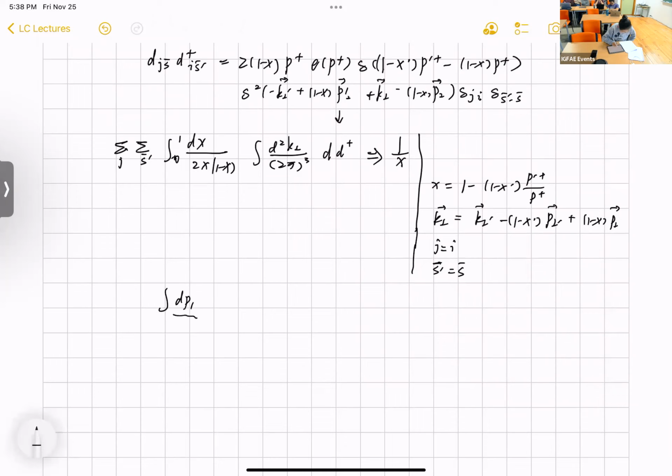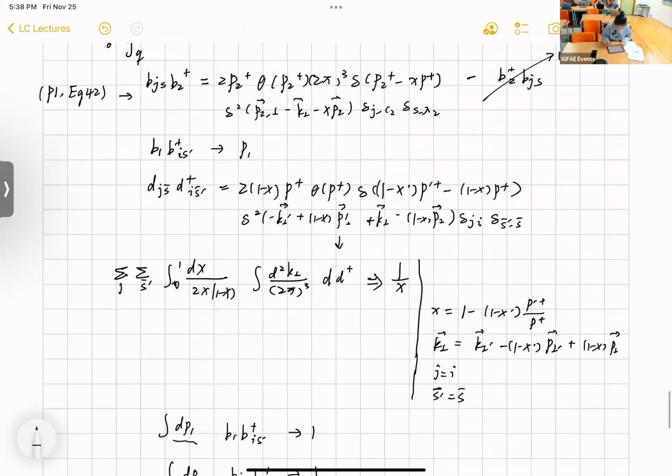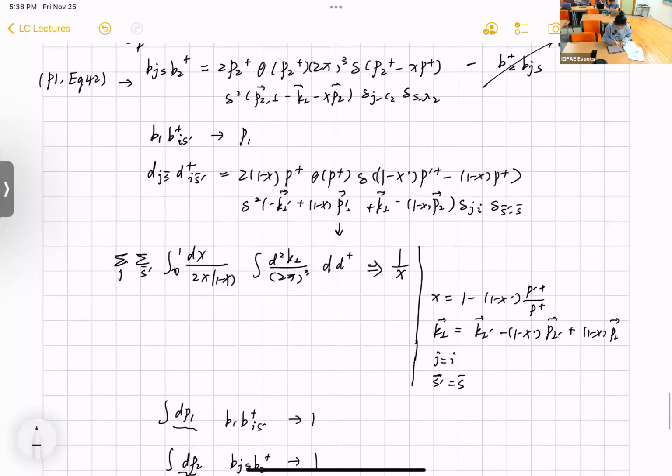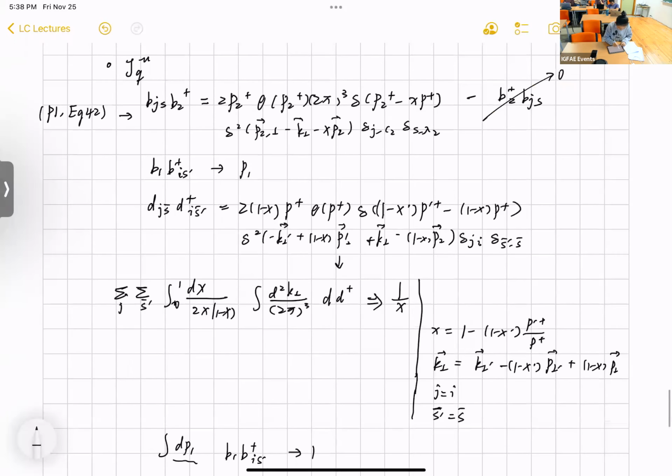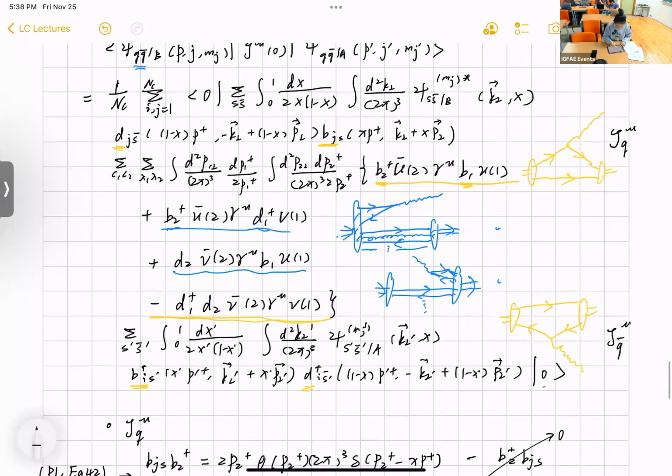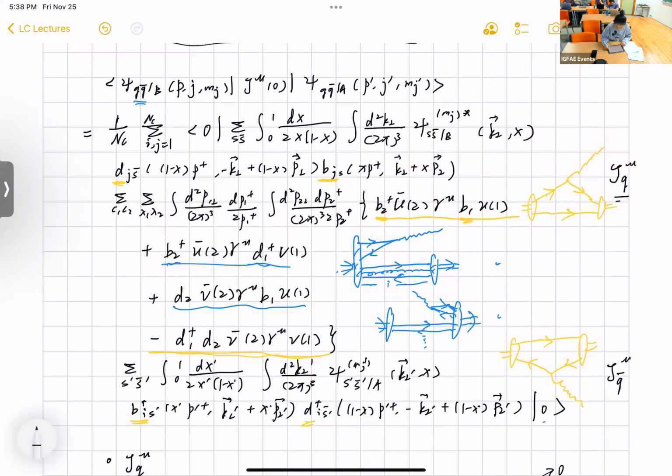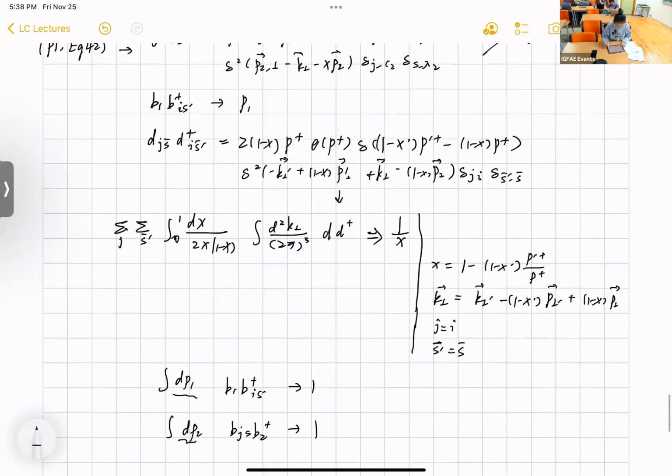For the other two sets, for P1, I'm writing shorthand notation, you just give 1, and the one on P2 will also give us 1. So what I'm doing is just inserting the delta function I get by contracting those b's and d's back into this equation, but only looking at the quark term.